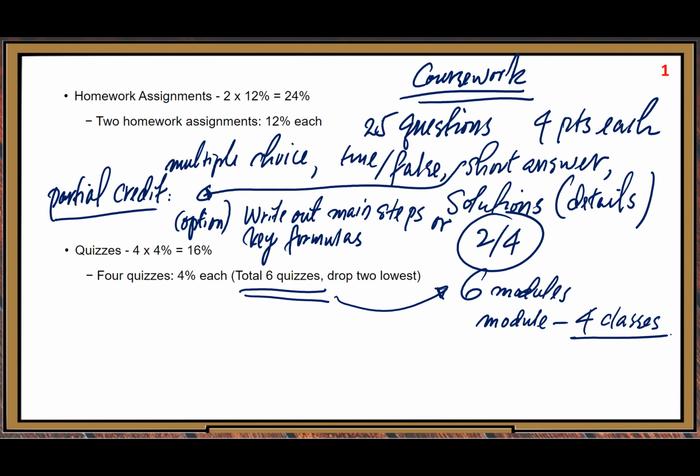All right. So in that way, we can make 6 modules, 6 quizzes, and every 2 weeks, because 4 classes correspond to 2 weeks, right? That means every 2 weeks, you will have a quiz.